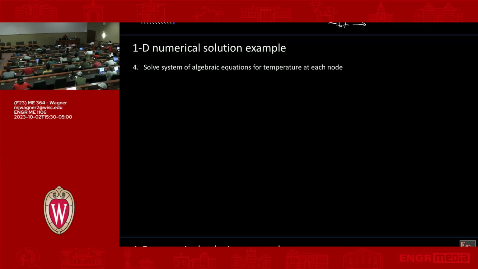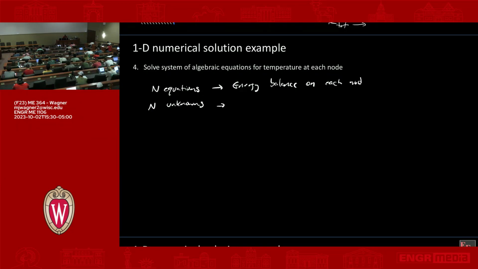We have n equations, and we have n unknowns. The equations are energy balance on each node, and the n unknowns are temperature, T sub i, where i is in the set from 1 to n.